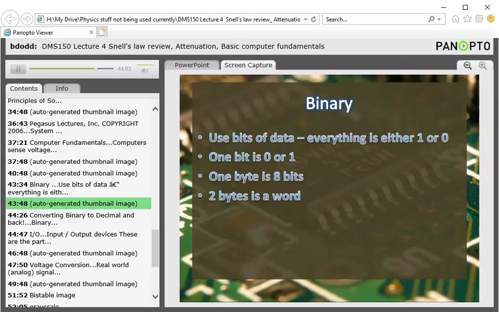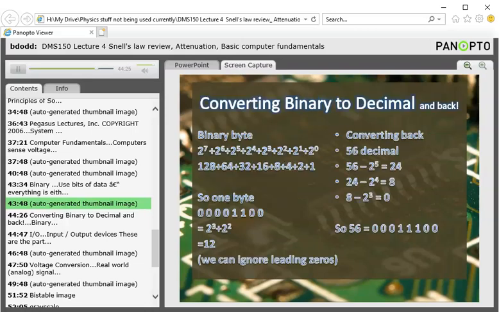And then 2 bytes is a word. If you want to program computers, you need to learn about double words and things like that. But we don't need that. We're not going to program these machines. We're just going to use them. So 1 byte is 8 bits, 2 bytes is a word. That's how computers use data.